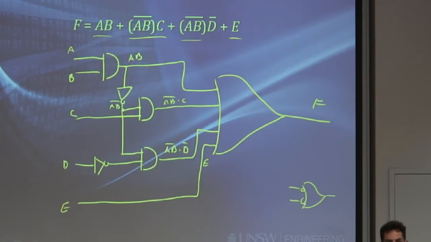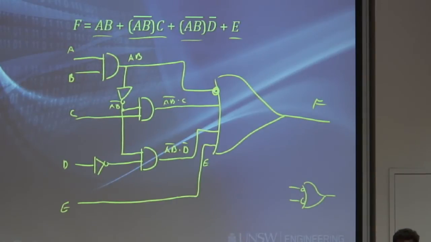So I will start adding bubbles to the inputs of these OR gates. Now, anywhere that I add a bubble at the input, I need to counter this bubble on the other side. So in that way, I don't actually change the expression for the function.